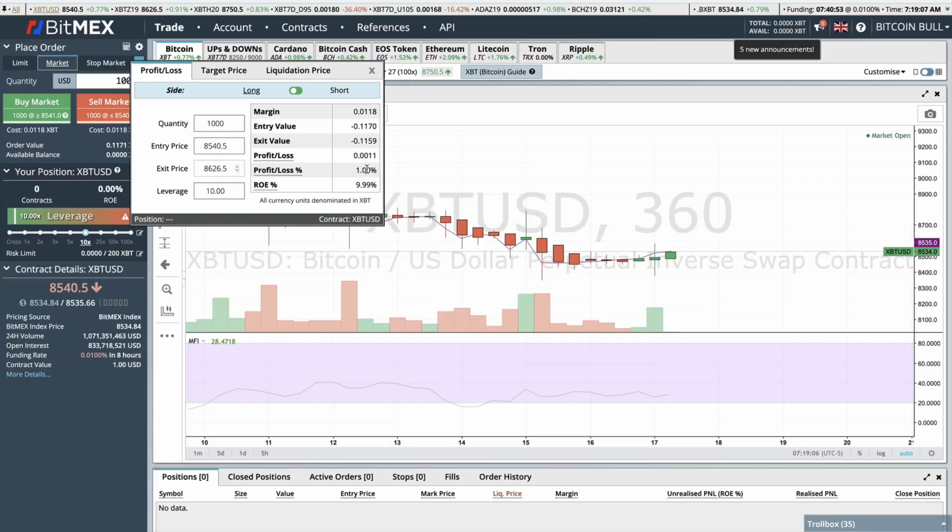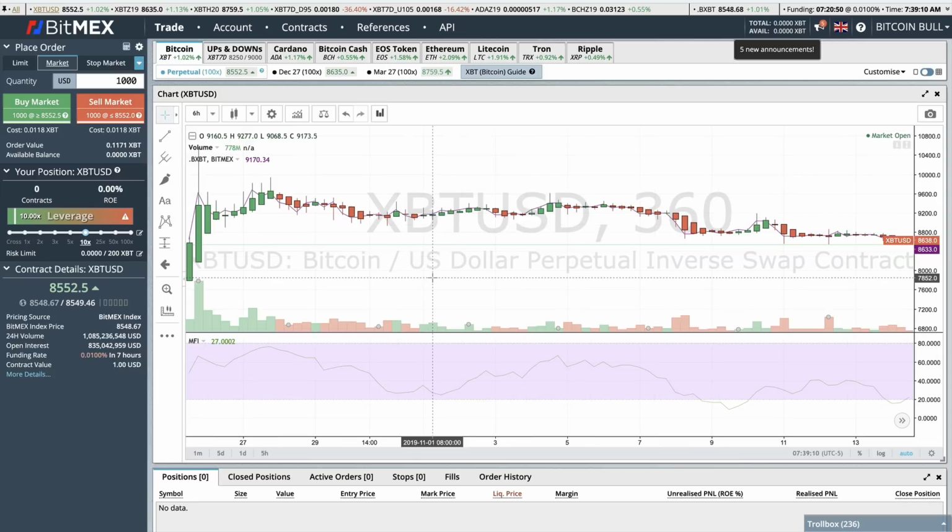So if I just let the market move 1%, here, 1.1, then the market's moved 1% and I'll be making a 10% return on investment. And since I've put in $100, I get 0.001. So that's about $10, right? 10% return on $100 is $10.